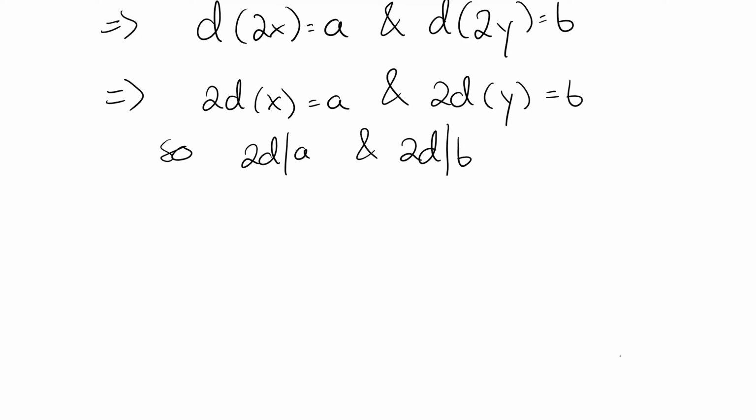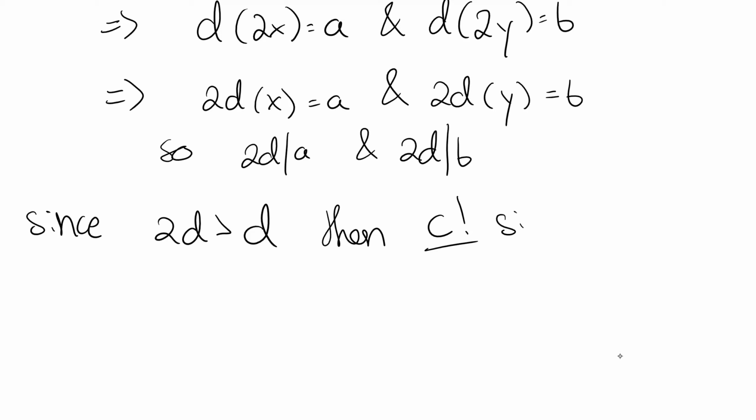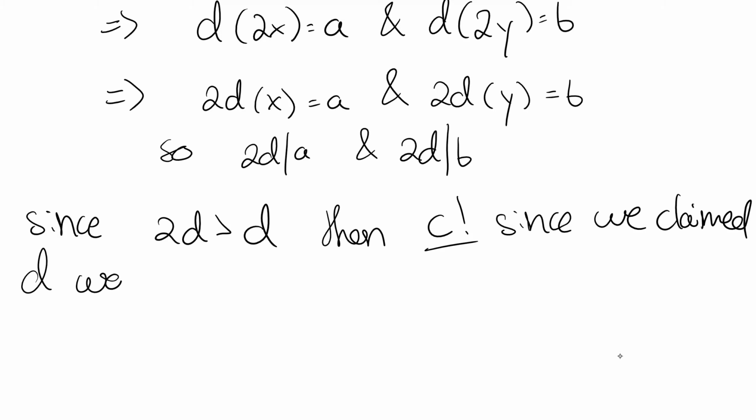So since 2D is strictly bigger than D, then contradiction, since we claimed D was the GCD.